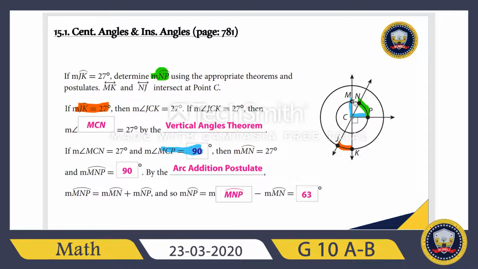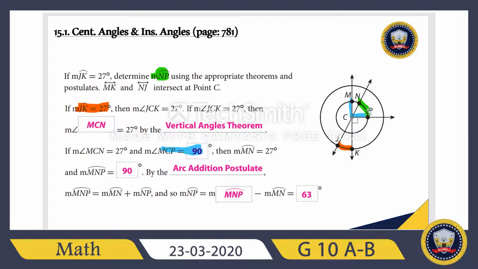Now, I have that the measure of MCP is 90 degrees. MCP, this total angle, is 90 degrees. Why? I have here 90, so this should also be 90. Then what is the measure of the angle NCP?